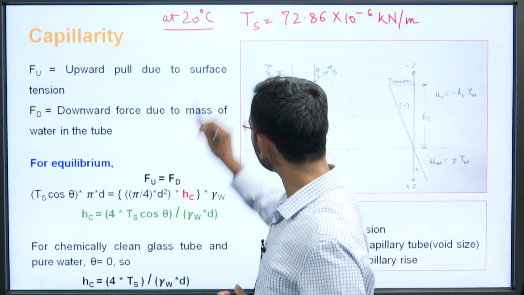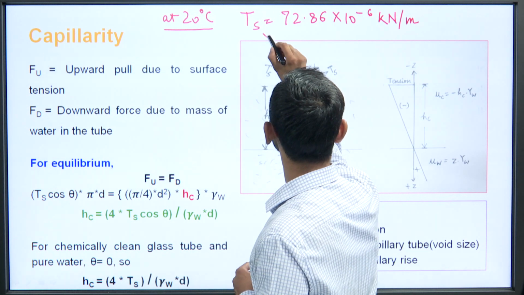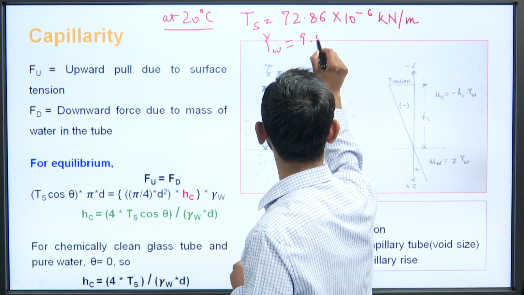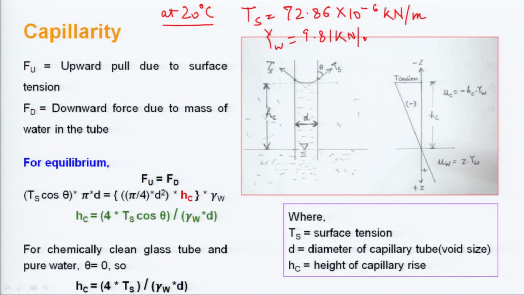When you put this Ts value and the gamma w value, which you already know is 9.81 kilonewton per meter cube, in the formula, you get the maximum rise Hc. This surface tension value is for the water-air interface. Hc is equal to 0.29 by d centimeters. The values are taken in kilonewton, and when we simplify, it comes out to be this value, which will be in centimeters.